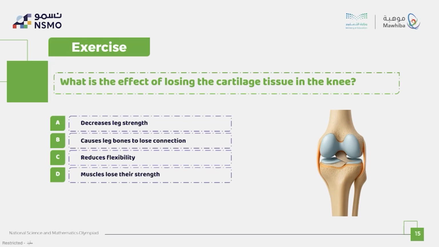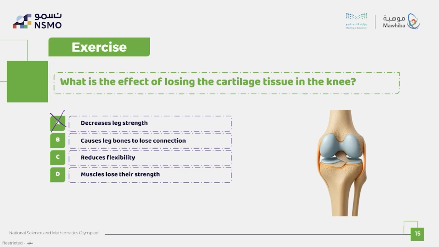Cartilage acts as a cushion that prevents bones from rubbing and allows smooth joint movements. Let's analyze the options. The first one is decreased leg strength. Why is that incorrect?